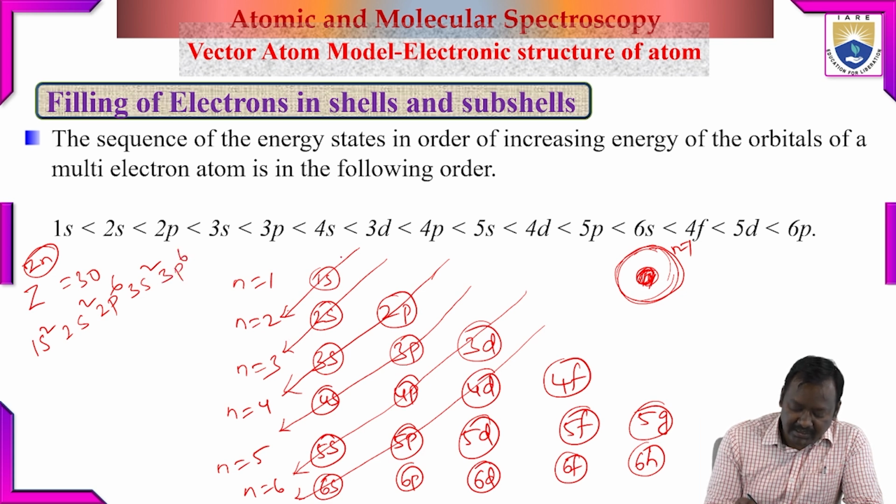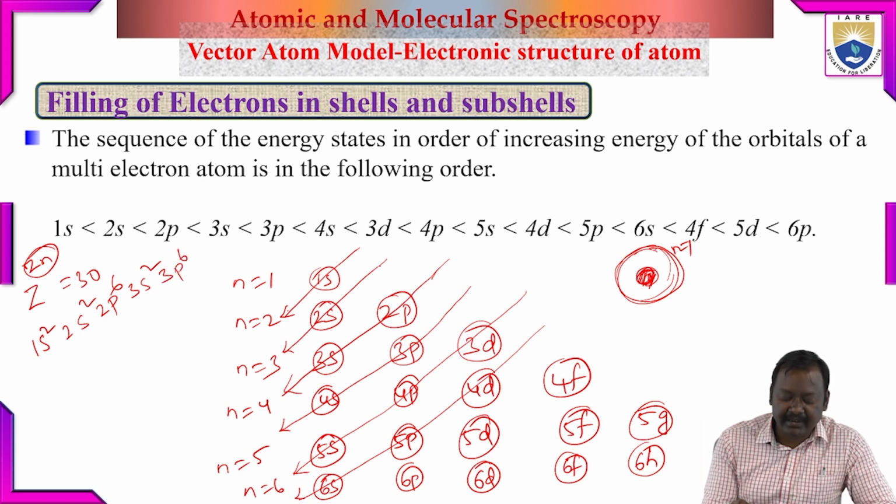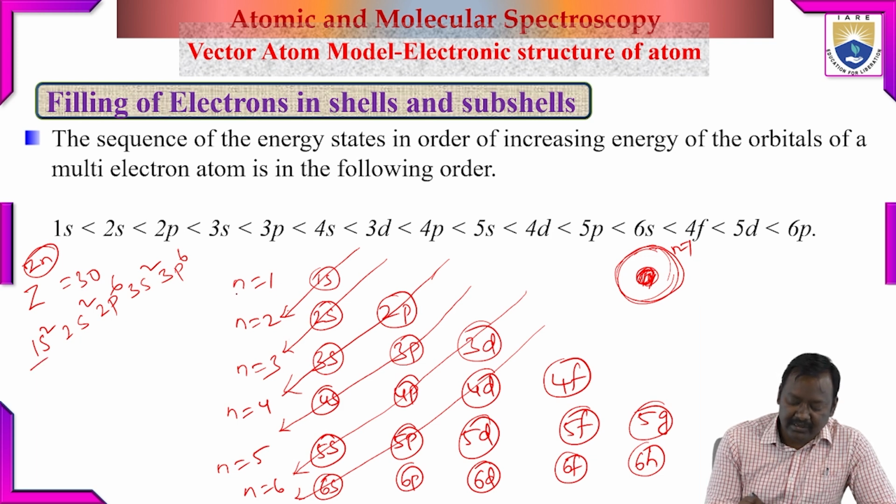We follow 1s, then 2s, 2p, then 3s, and after that 3p. We count the number of electrons simultaneously: 2 plus 2, 4 plus 6, 10 plus 2, 12 plus 6, 18. So 12 more electrons are to be filled in different orbitals.